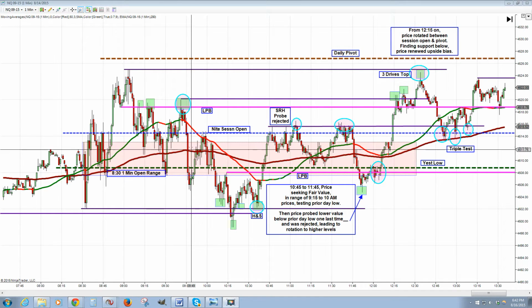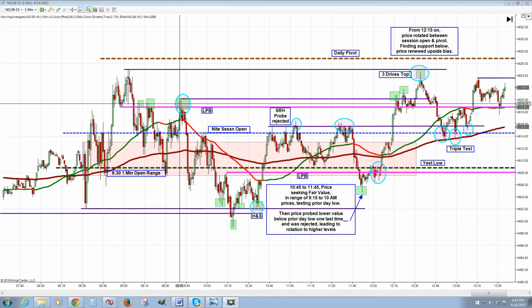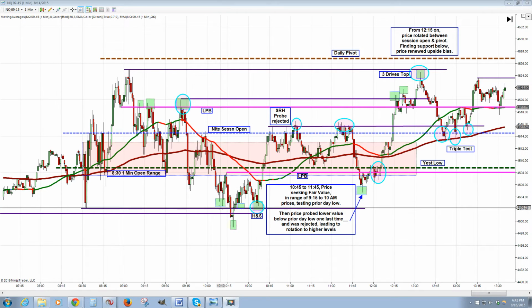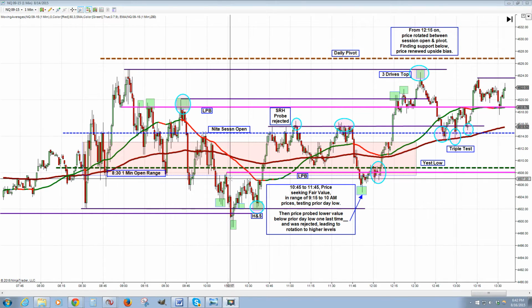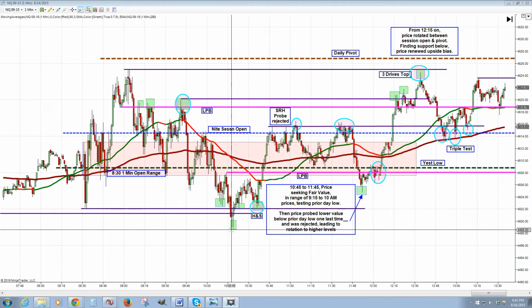And at some point we have these lower highs, lower low, lower high, lower low, lower high. And so this last pivot back, I call it, formed here at the low a little after 10:15.